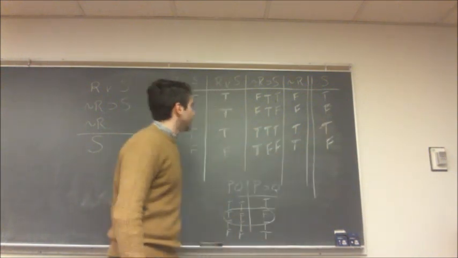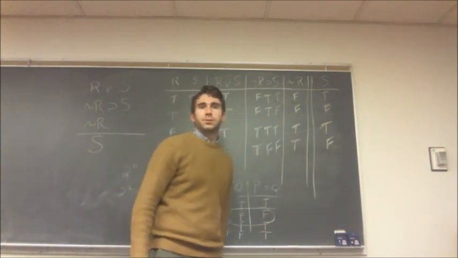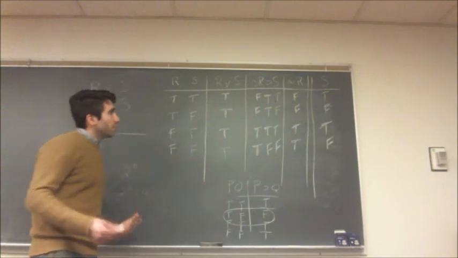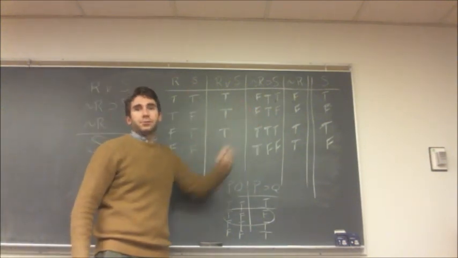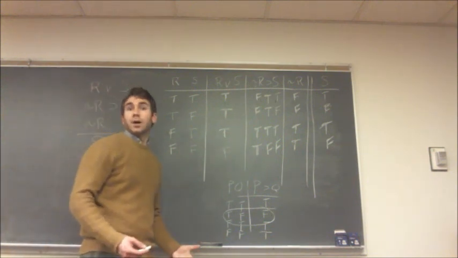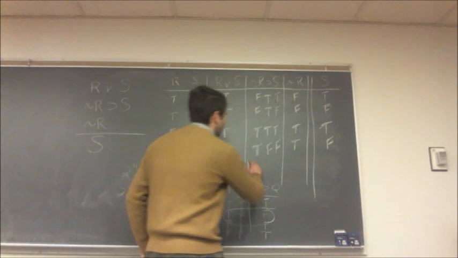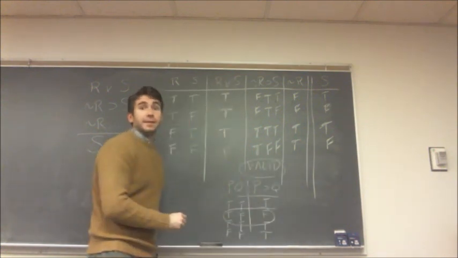So we're good. And then here we have false, false, true, false. So there's no row here where all the premises are true at the same time and the conclusion false. So that means that the argument is what? Valid.